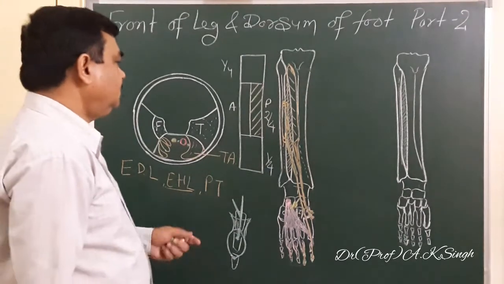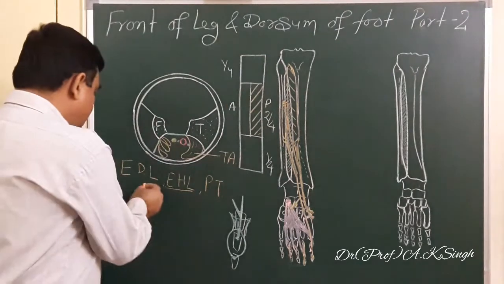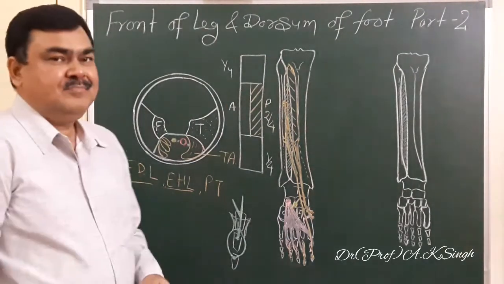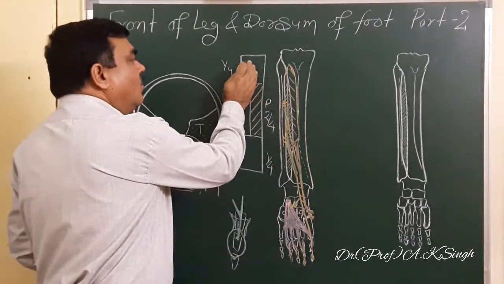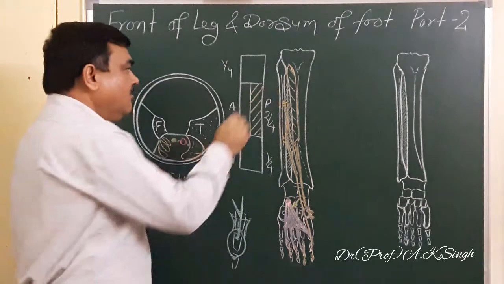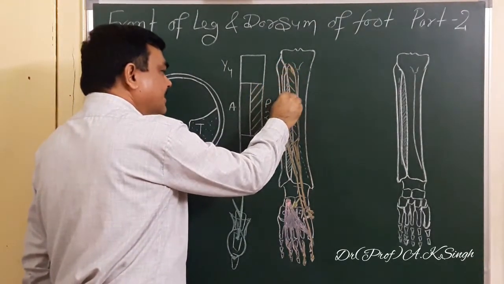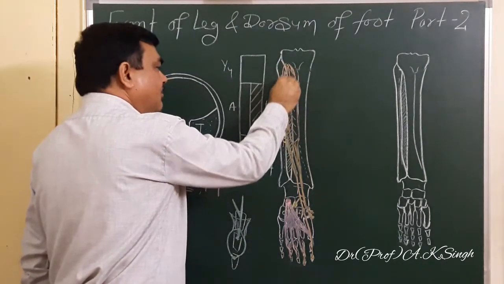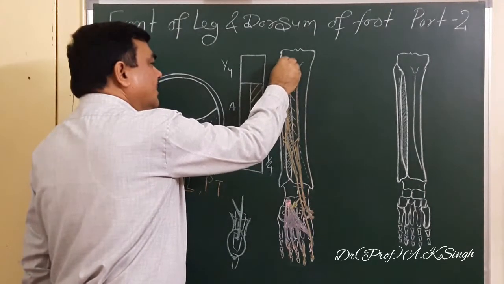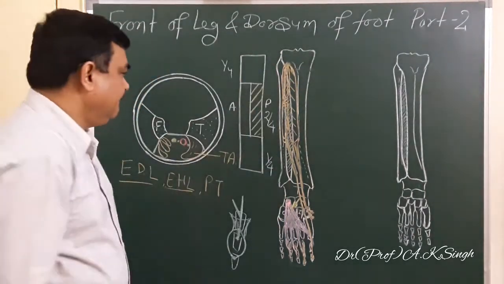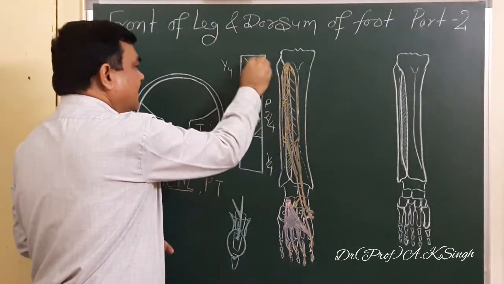Another muscle, this is extensor digitorum longus. This extensor digitorum longus muscle takes origin from here, whole of upper 1/4 of the medial surface. Here is whole of upper 1/4 part of the medial surface of the fibula, and some adjoining part of the lateral condyle of tibia, and also this takes origin from here.